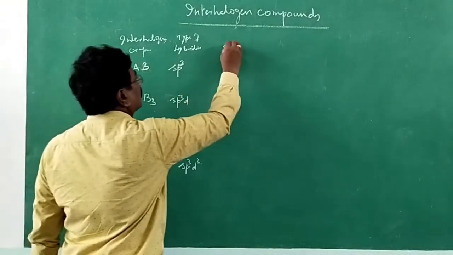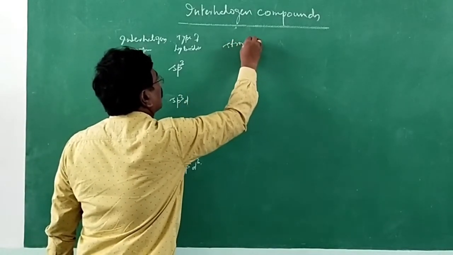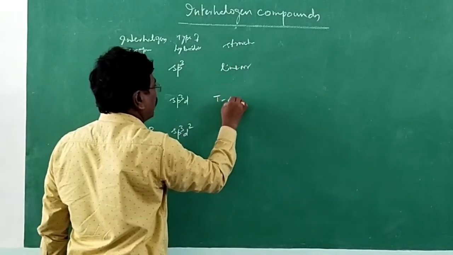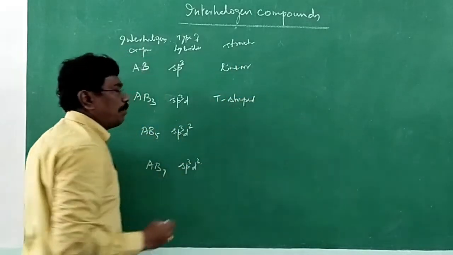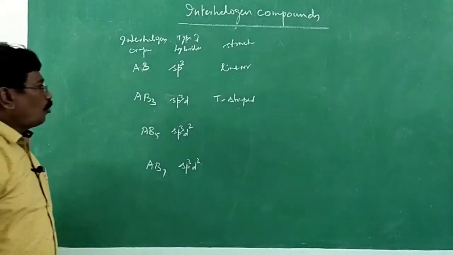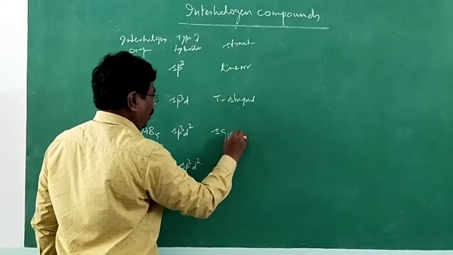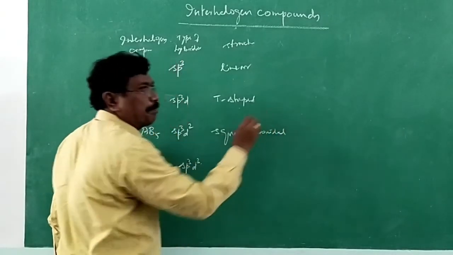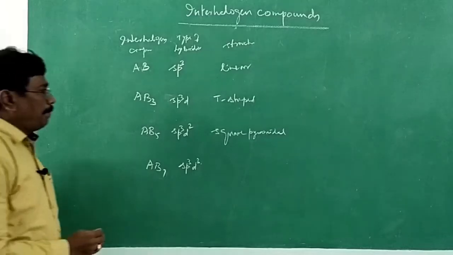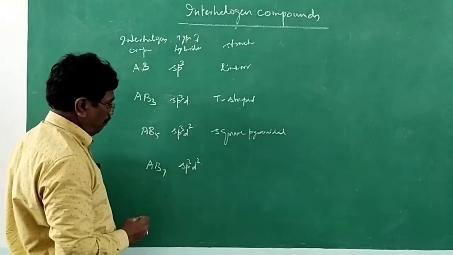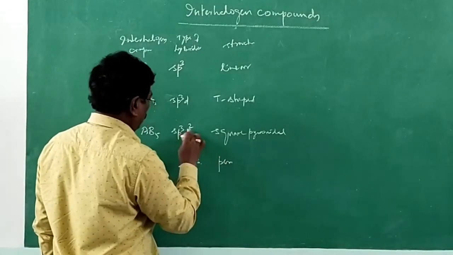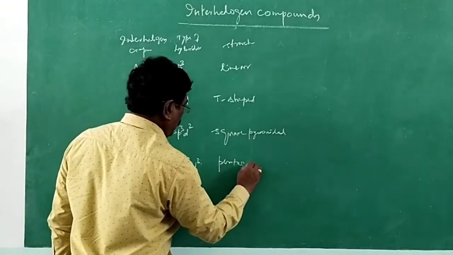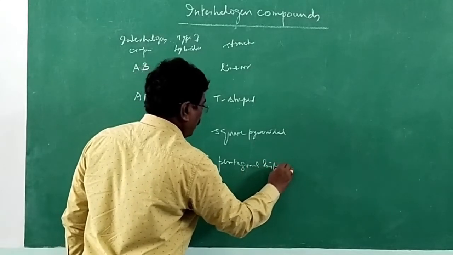Structure, what may be the structure? It is said to be linear, T-shaped, square pyramidal, and then pentagonal bipyramidal.